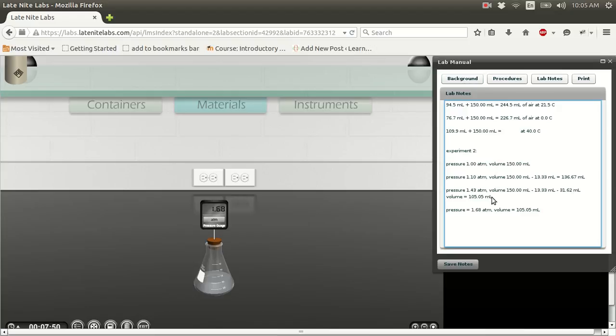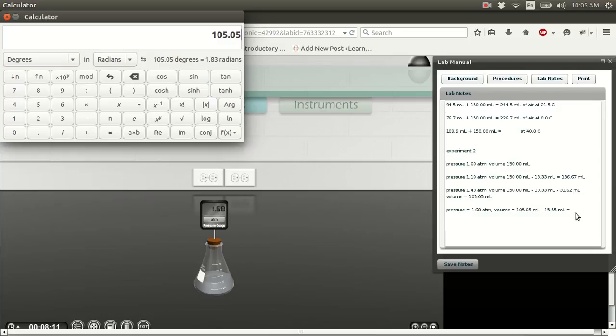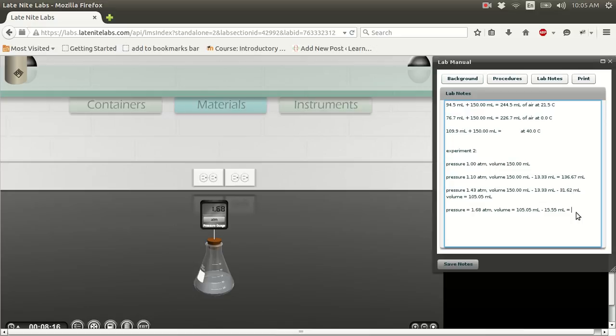Since I've already calculated the volume for these previous steps, I know 105.05 is the volume of air that I had after the last addition of water, so I'll take from 105.05 the water that I just added, 15.55, and that'll get me the new volume, 89.50 milliliters.